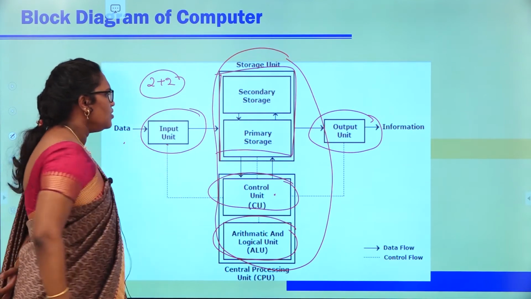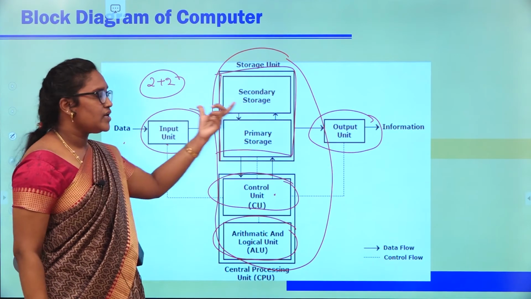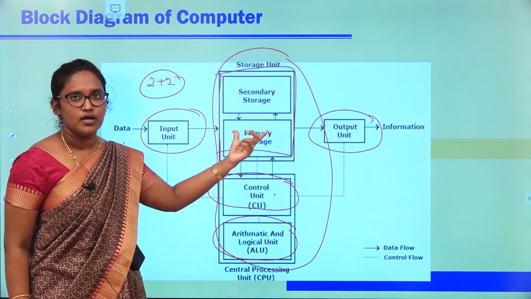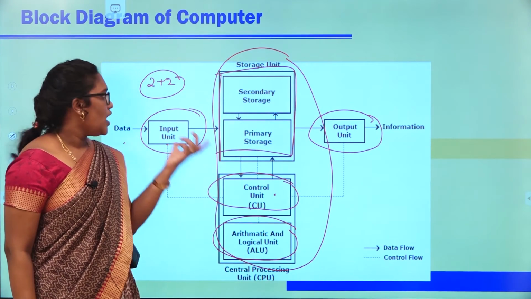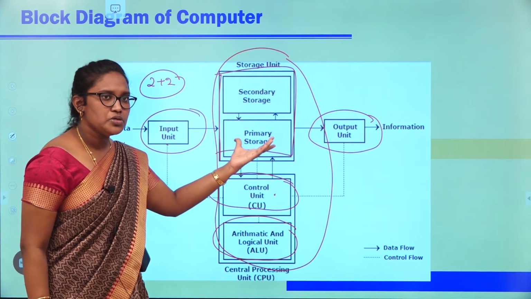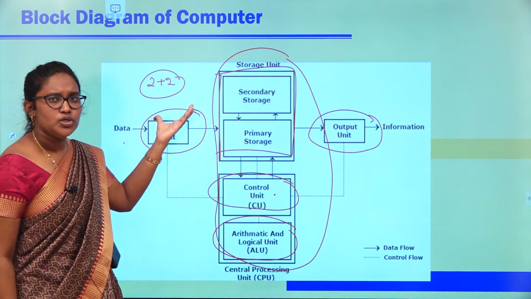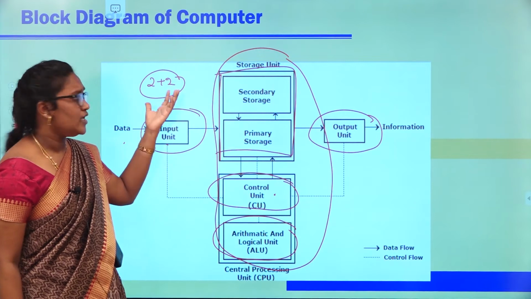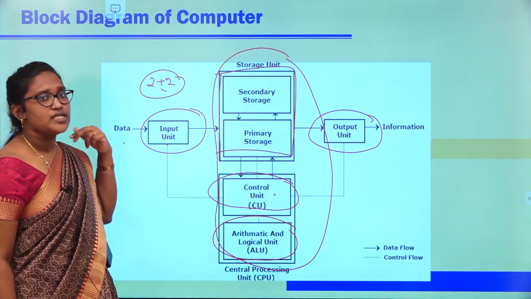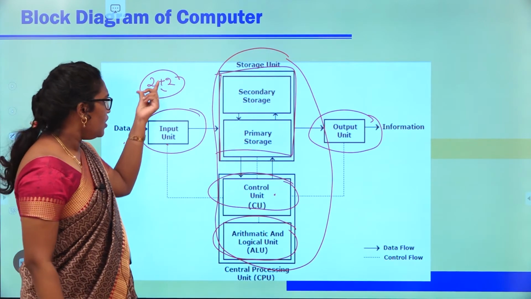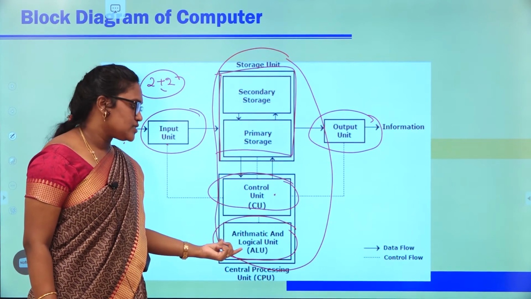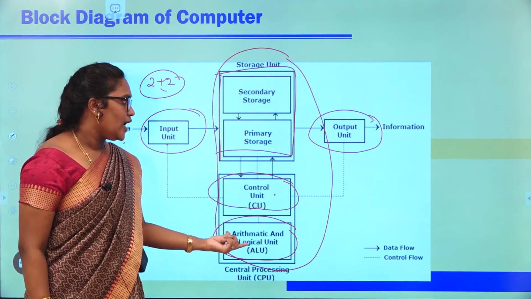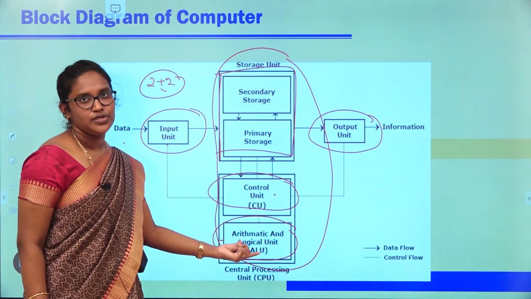This instruction is given as an input to the central processing unit. As soon as the CPU takes the input 2 and 2, I have an addition operation. In order to perform any kind of addition operation, obviously we need the arithmetic logical unit, right?